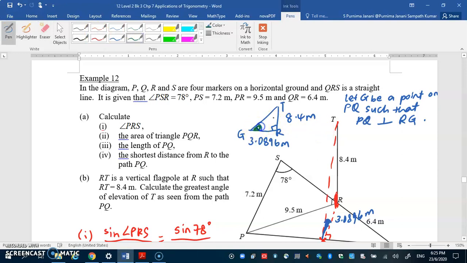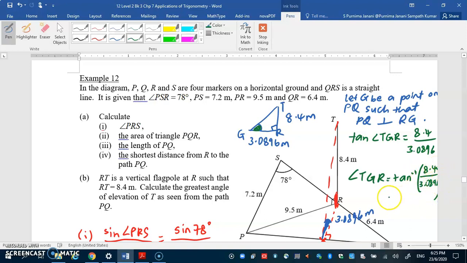elevation. Because this is a right angle triangle, I'm going to use tangent. So tangent angle TGR is equal to opposite over adjacent, 8.4 over 3.0896, and I'm going to find angle TGR to be tangent inverse of 8.4 over 3.0896.